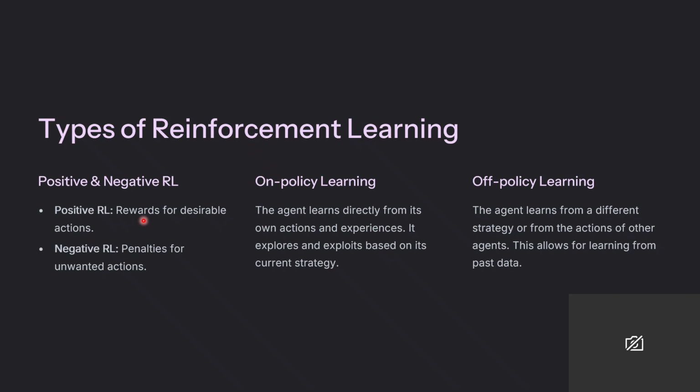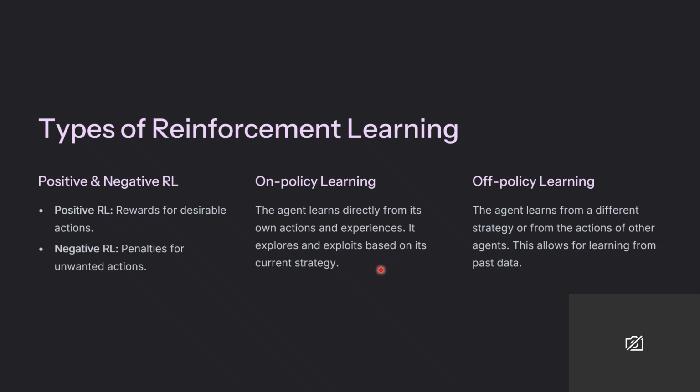There are also two types. First is on policy and second one is off policy. In on policy, the agent learns from its own experiences. It explores and learns using the same method or rule it's currently following.